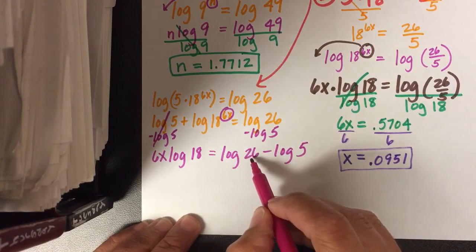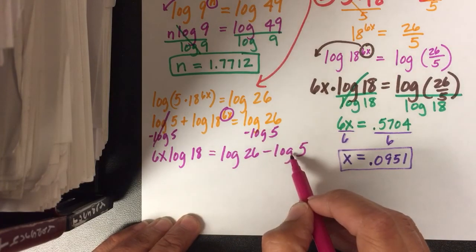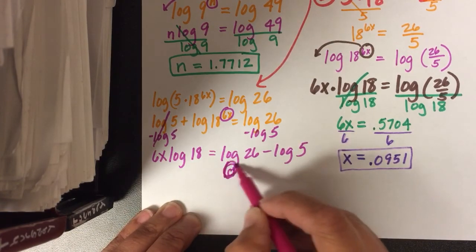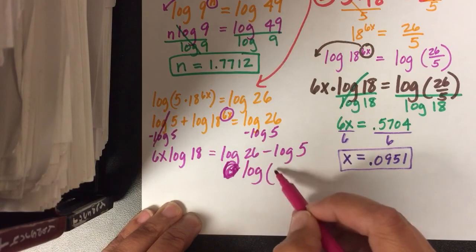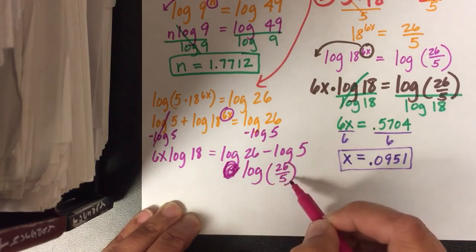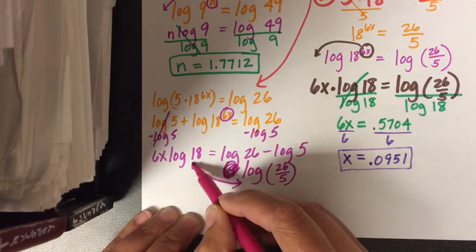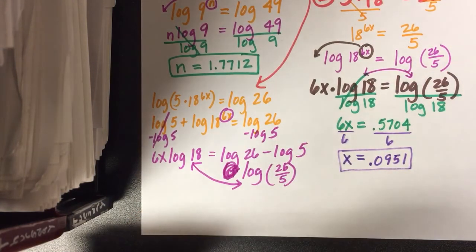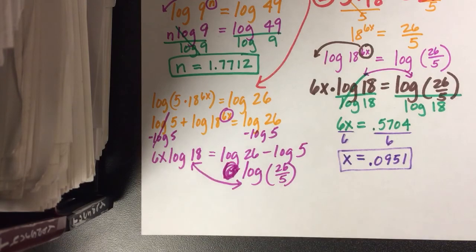When I have log of 26 minus log of 5, isn't that the same as the log of 26 divided by 5? And here we have the same equation that we had up here. So you could do it either way, but you still have to apply the power rule, the quotient rule, and the product rule. So that is how we solve exponential equations using logs.